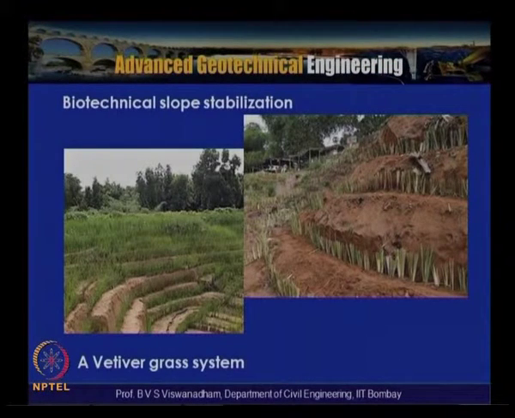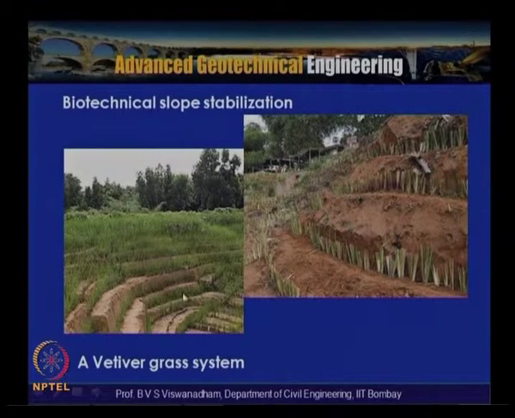So in this particular slide, what has been shown is a particular slope, how it has been created by creating steps and small berms. Along the berms these selected plants are placed, and then after this is a typical vetiver grass system.